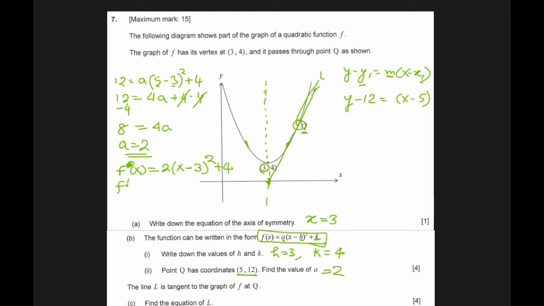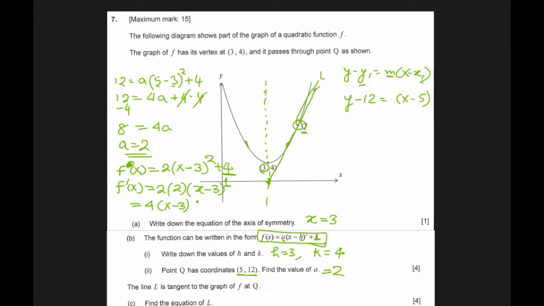So f'(x): the 2 is unchanged because it's a constant. The exponent 2 comes in front, and the exponent of (x minus 3) goes down by 1, so 2 minus 1 is 1. The differentiation of 4 is 0. So it becomes 4(x minus 3).